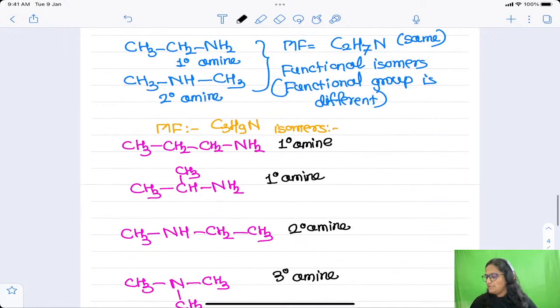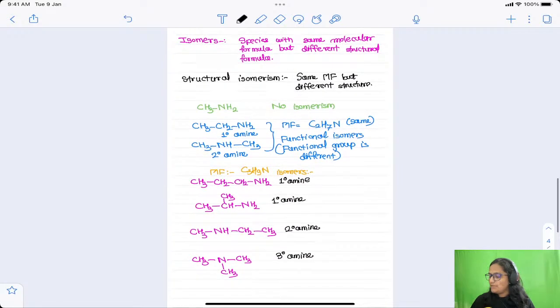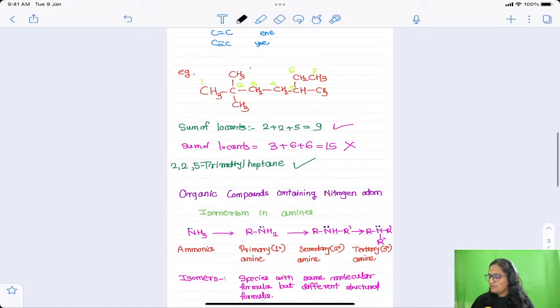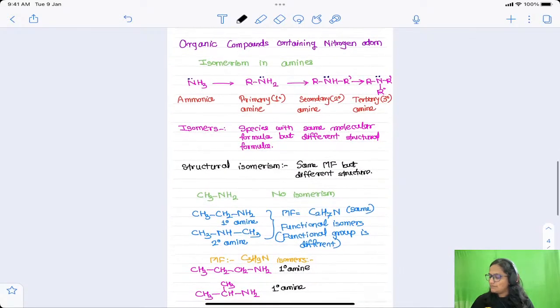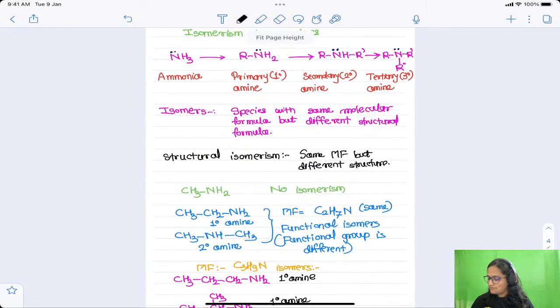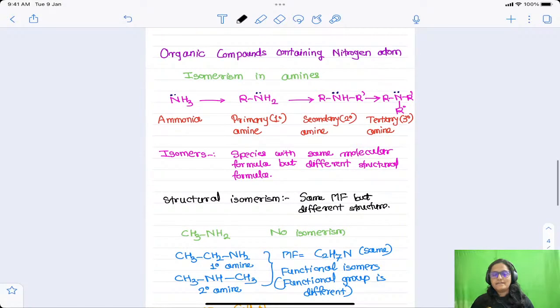Out of this, you can just take a screenshot of this page first of all, and then I'll explain. Start from this. Take a screenshot of this page first of all.